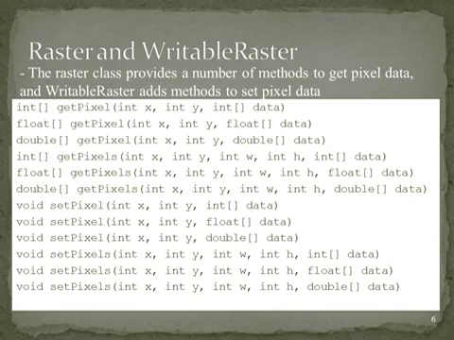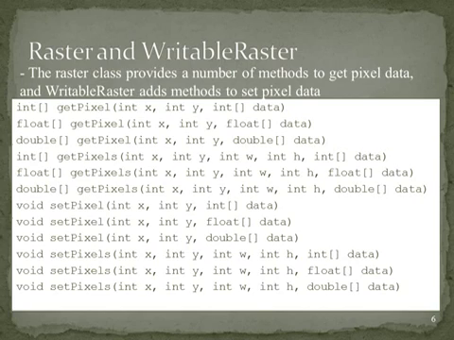The Raster class provides a number of methods to get pixel data, and WritableRaster provides methods to set pixel data, like getPixel, by using different constructors, and setPixel.